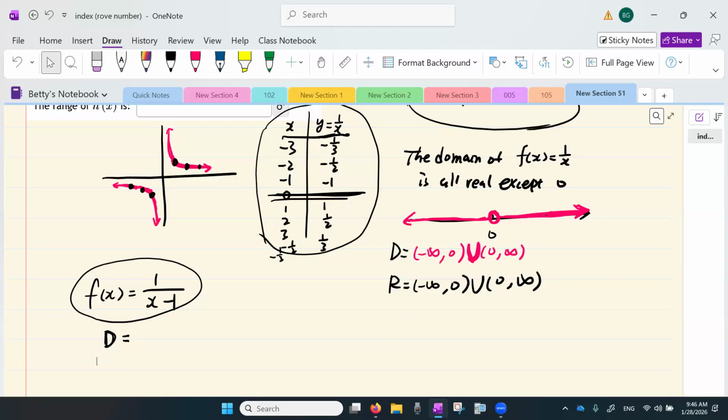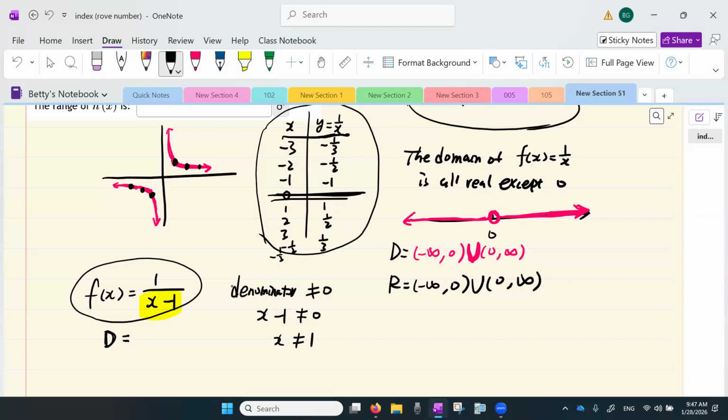When you need to find a domain for a function that has the variable x in the denominator, this is what you do. You write down the denominator and then make the denominator not equal to 0. In this case, the denominator is x minus 1. We all know the denominator cannot be 0, so x minus 1 cannot be 0, then x cannot be 1.